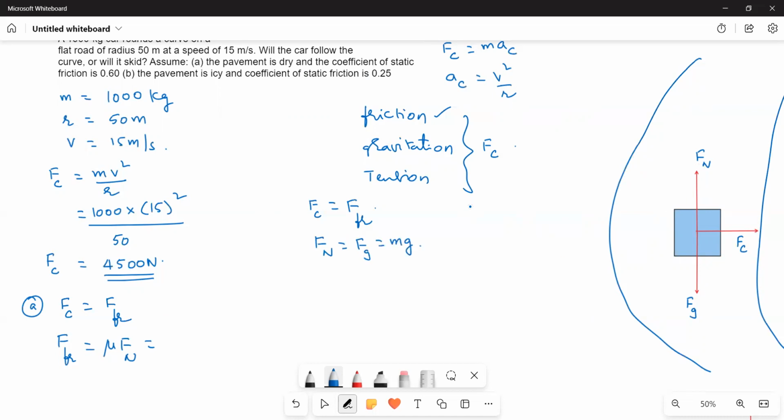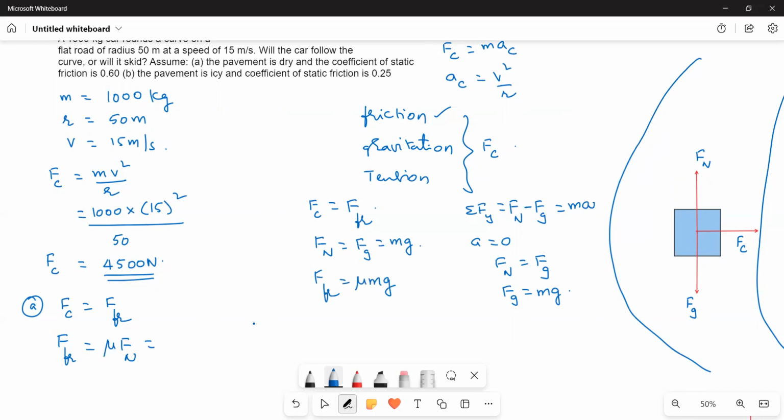In the y direction, sigma Fy is equal to Fn minus Fg is equal to ma, and the car is not traveling along the y direction. Therefore a is equal to 0, so Fn is equal to Fg, which is mg. Therefore, F friction is equal to mu mg.